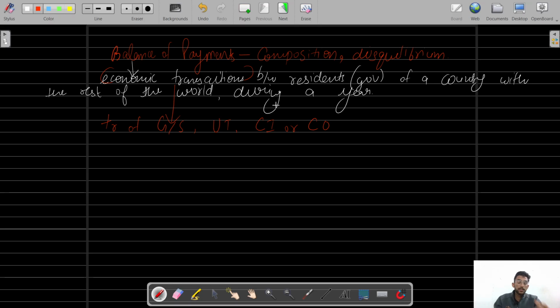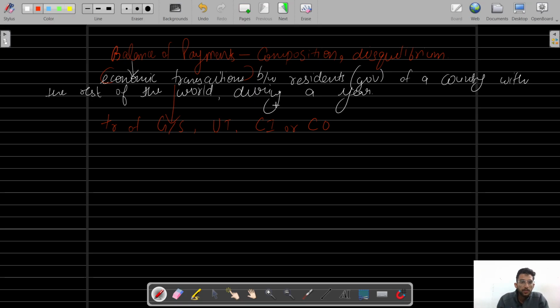For example, transactions of goods and services from India to US, or a unilateral transfer in donations. For example, a person went to Canada or US, is earning income there and sending it to their parents. That comes under unilateral transactions because they are one-sided transactions. This is typically the definition of balance of payment.